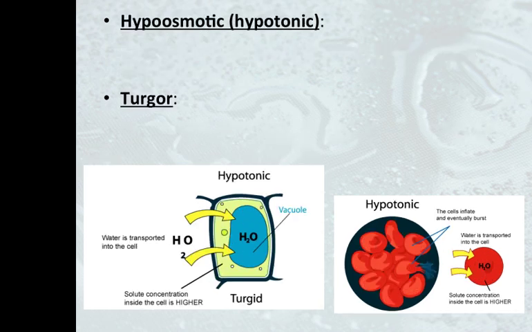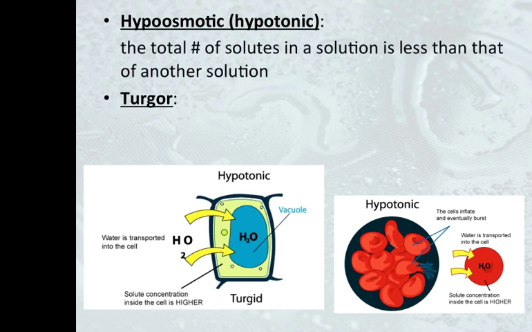Okay, here's where it gets tricky. Let's look at hypoosmotic. The total number of solutes in a solution is less than that of another solution. There it is. If we refer to the cell, the solution outside of the cell is said to be hypoosmotic in relation to the solution inside the cell.